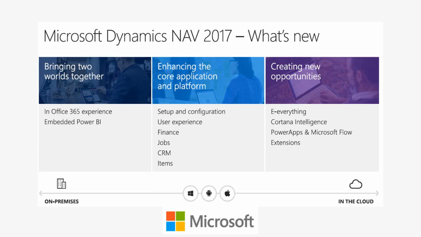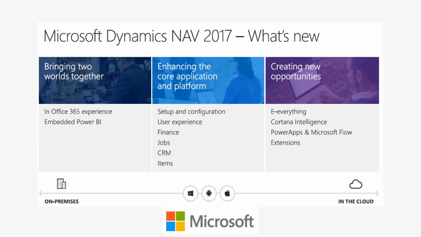The three pillars that Microsoft encapsulates their platform enhancements in start with bringing two worlds together, and that has to do with the Office 365 experience in NAV and embedded Power BI. So their Office 365 world and applications is becoming an integral part of the NAV platform now.